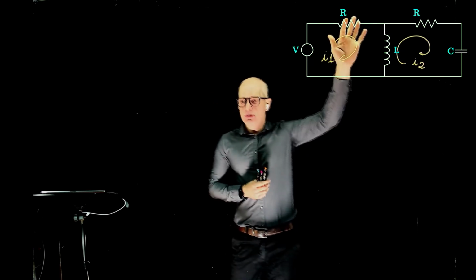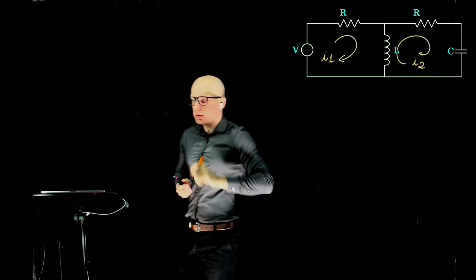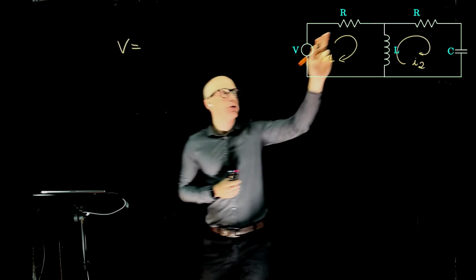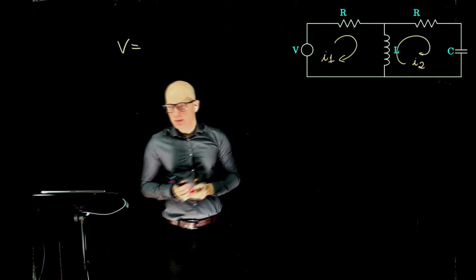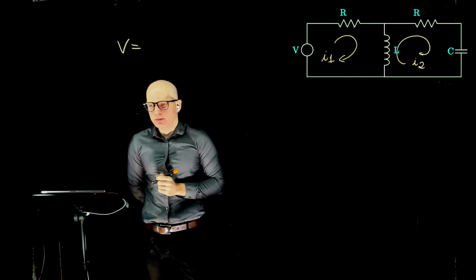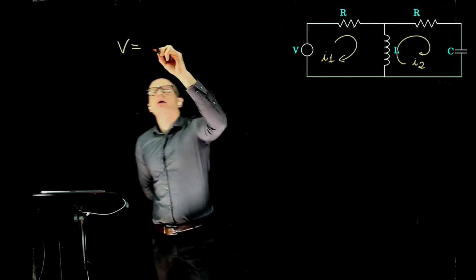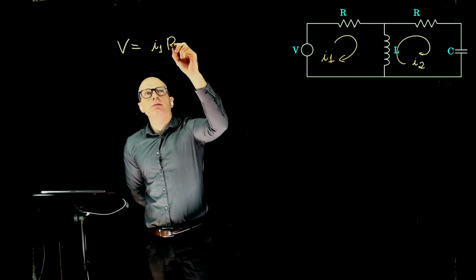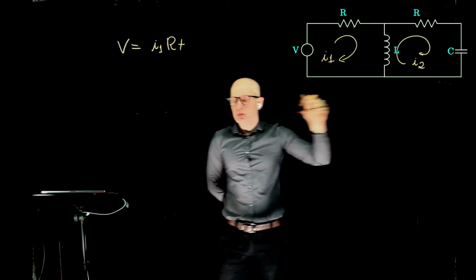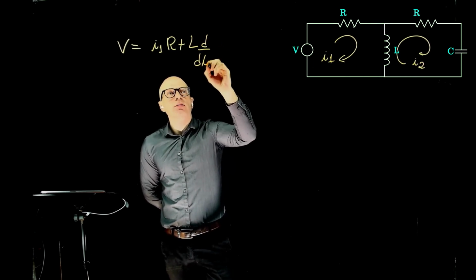So the sum of voltages across R and L equals V. So V equals the voltage drop across R, which is, what is the current flowing through R? It is simply I1, so I1 times R, plus the voltage drop across L, which is L times di/dt.